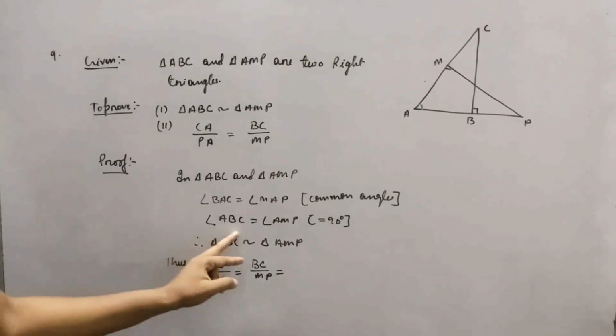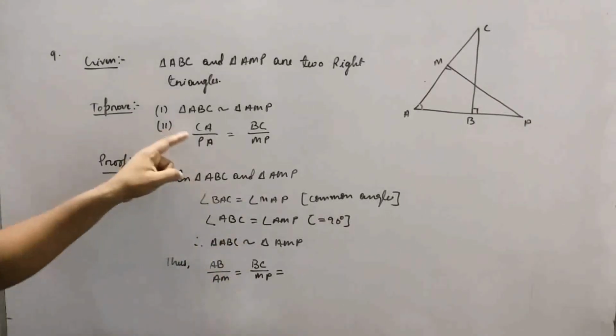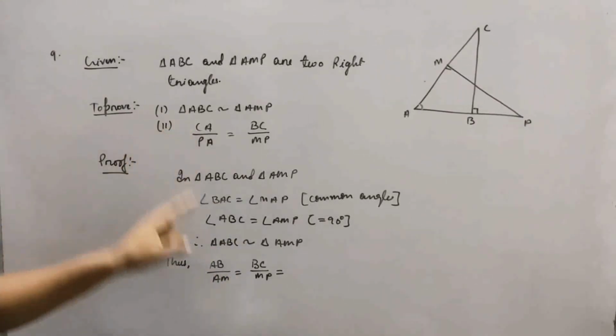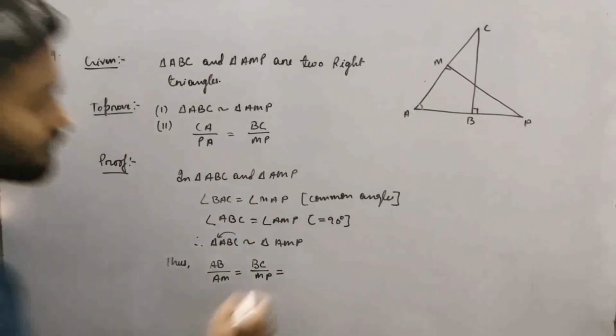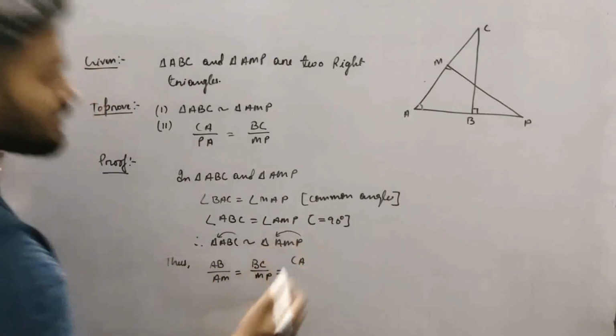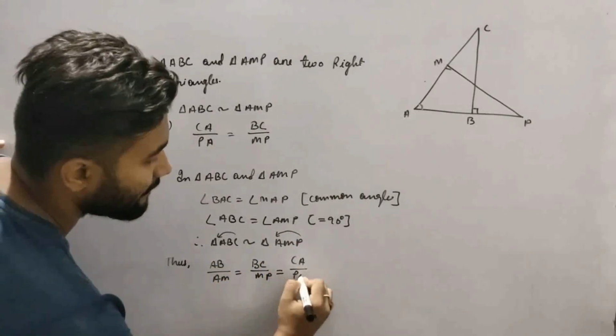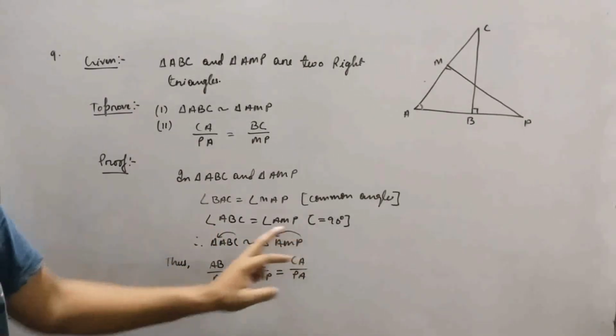And if I take AC, then AP. But I will not take AC because CA is there, right? So I will take CA. If I take CA, then I have to write PA. If you take C first, A second, then over here also P first, A second.